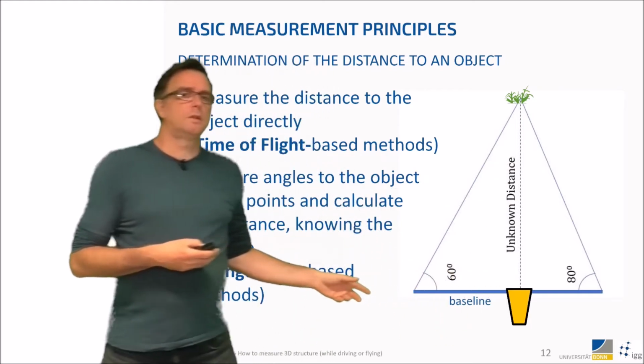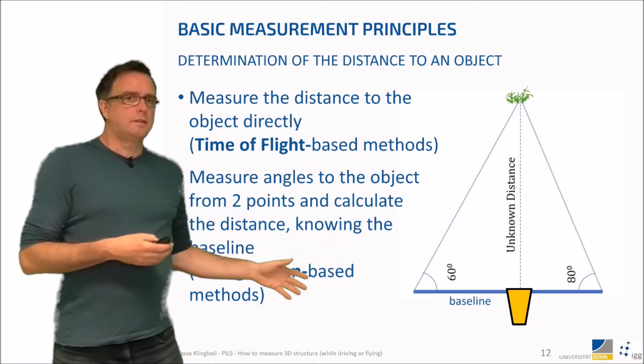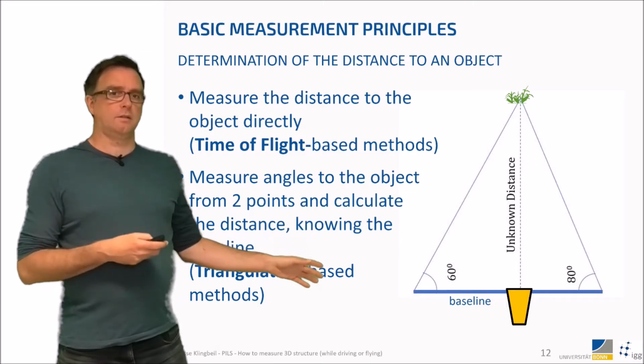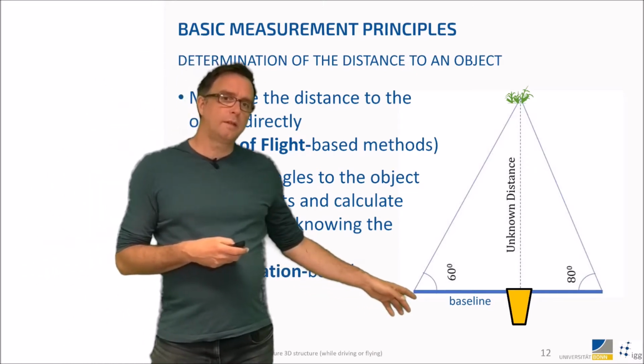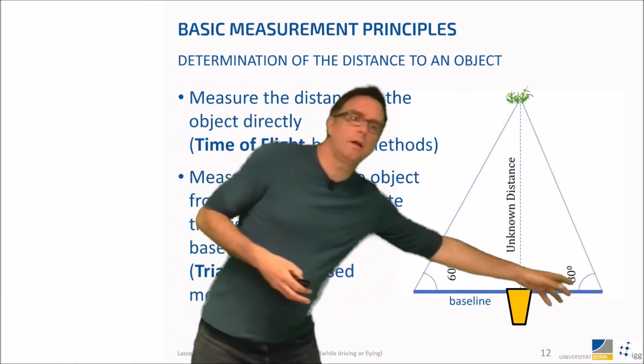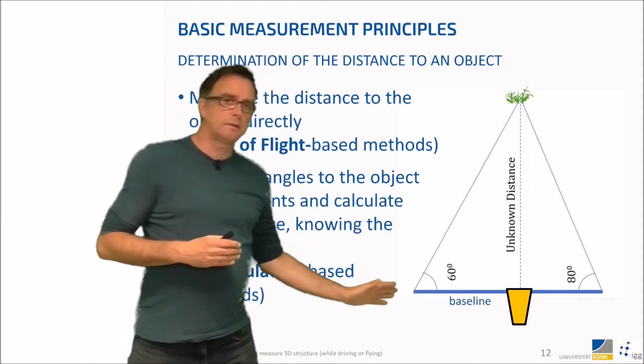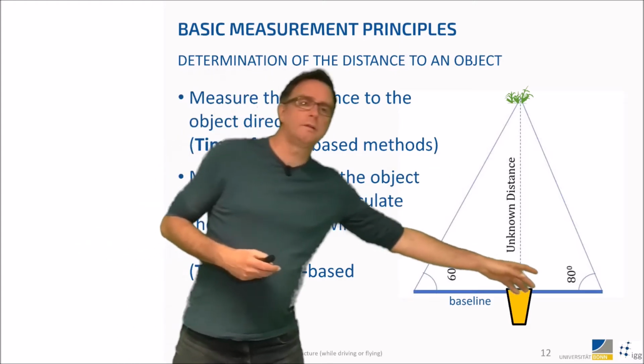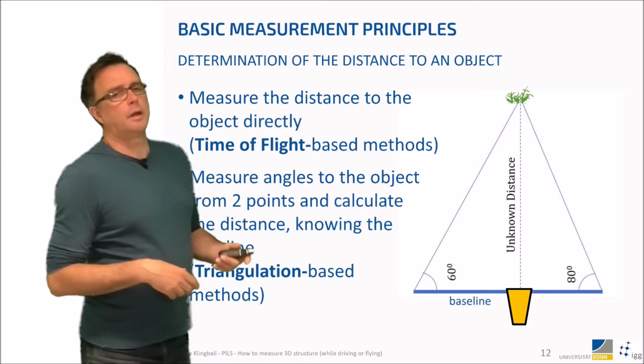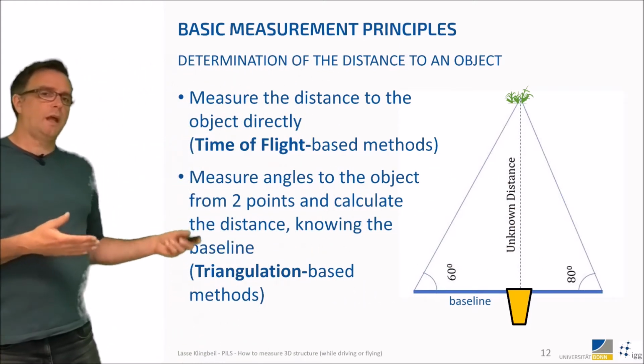And the other option is, if I don't have a distance sensor, then I can use angle sensors. If I have two points, one here and the other one here, and I know the distance of those two points, and I know the angles to the object from both points, then I can use triangulation-based methods to calculate the distance.